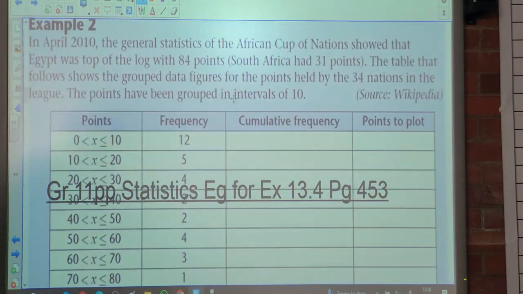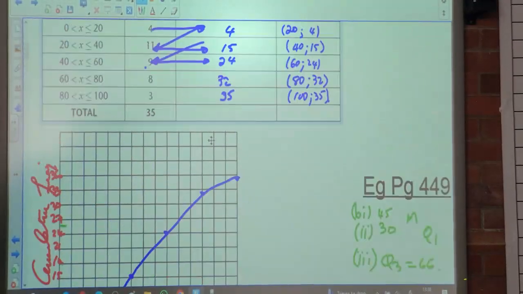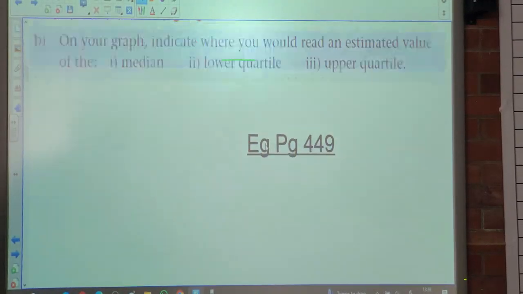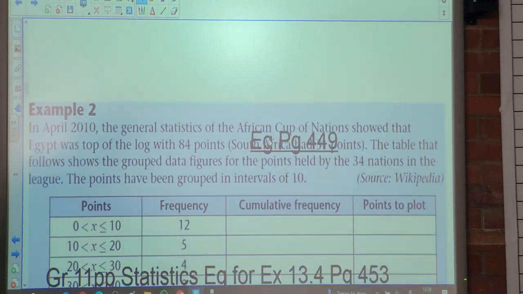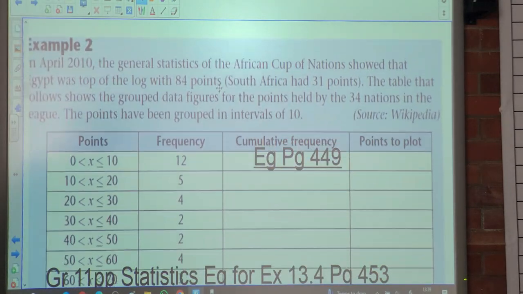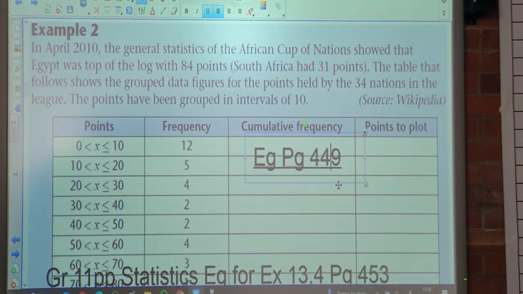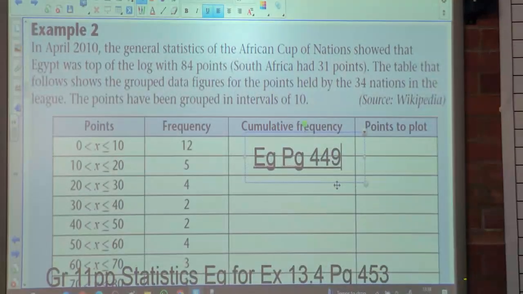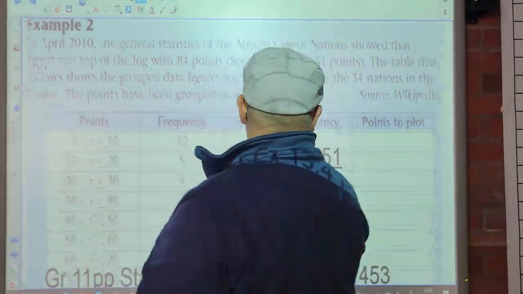So this is example 2, and example 2 is on page 451.